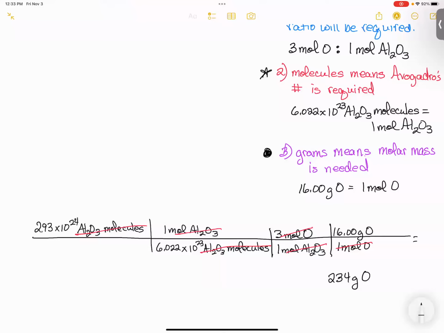I didn't cancel out the number. All I did was cancel out the words. That's the unit and the substance. I didn't cancel out the 1 or the 6.022 times 10 to the 23rd or the 3.